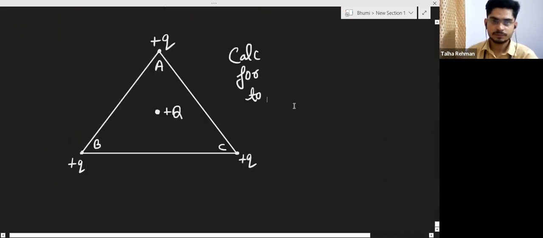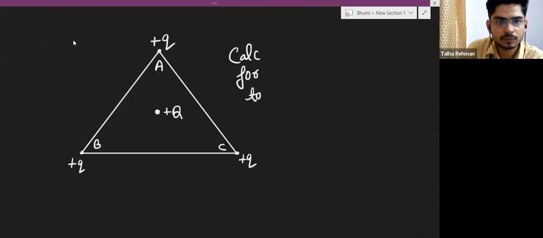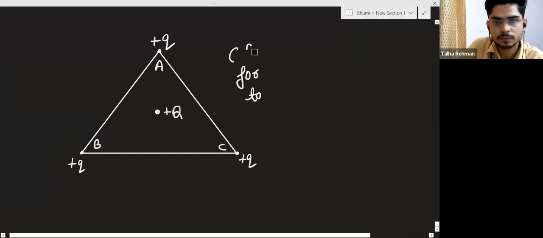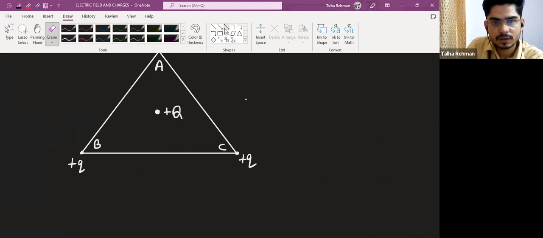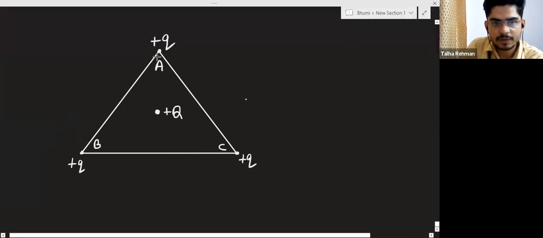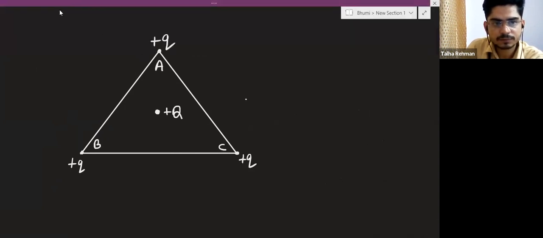Now let's see here. Now here a plus Q charge is placed.